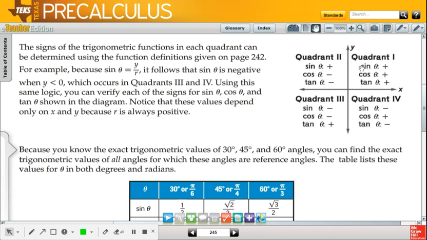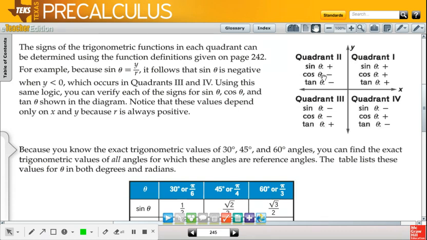So when you put in the ratios, the definitions of the trig functions, where sine theta is y over r, cosine theta is x over r, and tangent theta is y over x, regardless of the numbers, it's always going to come out positive. Now over here, quadrant 2, you see that your x values are negative numbers, but your y values are positive.